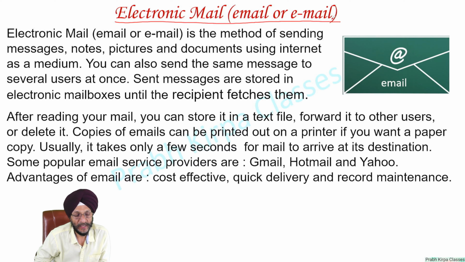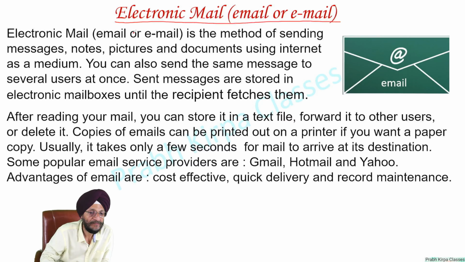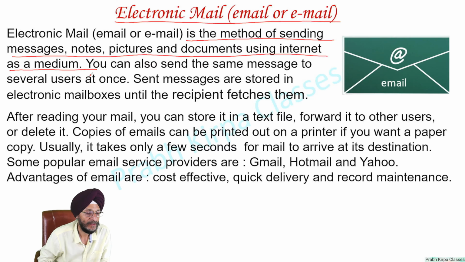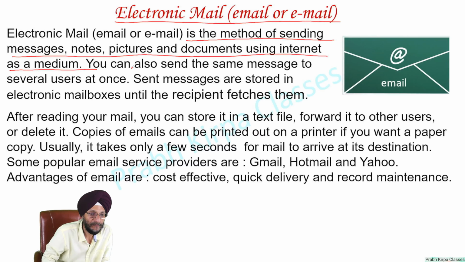Electronic mail also stands for email. Electronic mail is the method of sending messages, notes, pictures, documents using the internet as a medium. All of us use email in our daily life, so there is no need to explain it in detail.